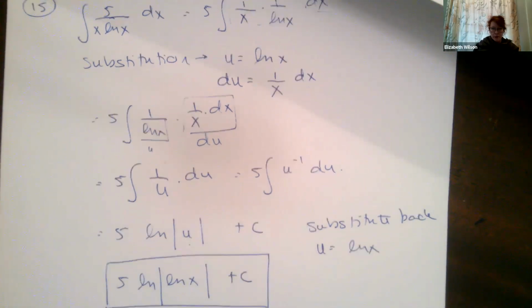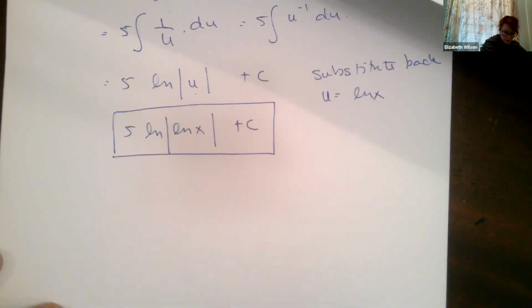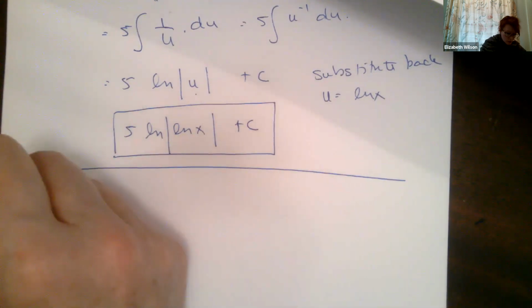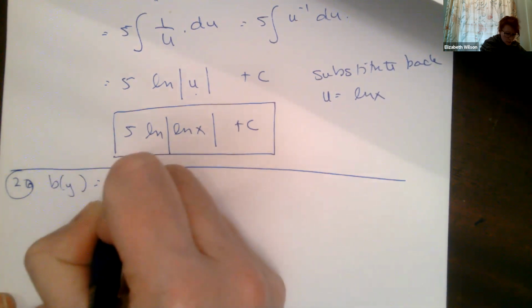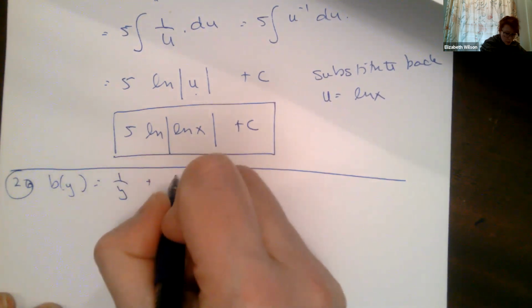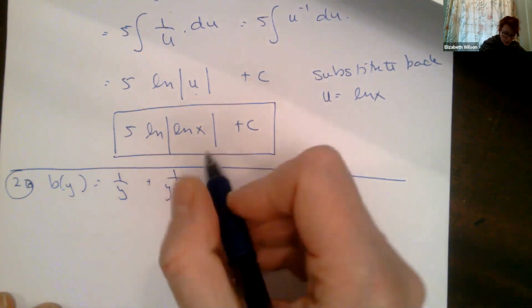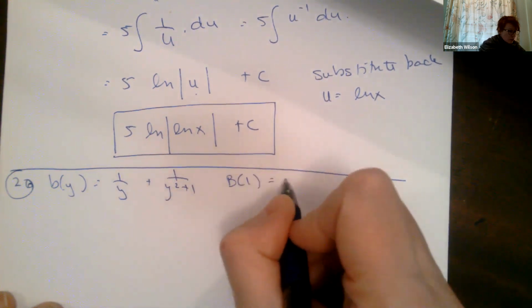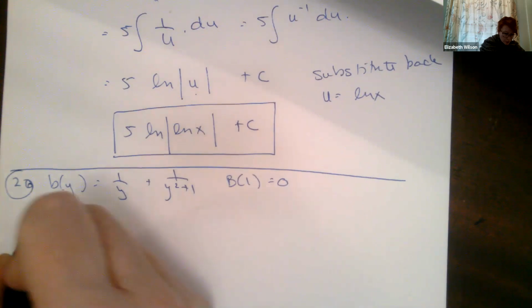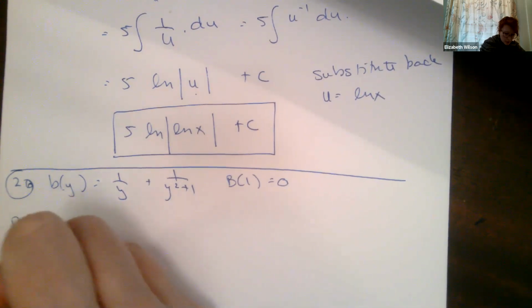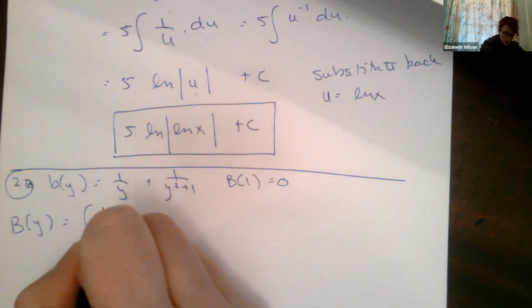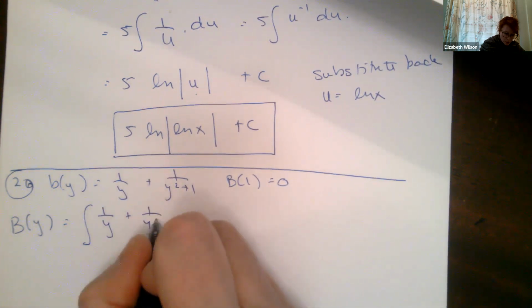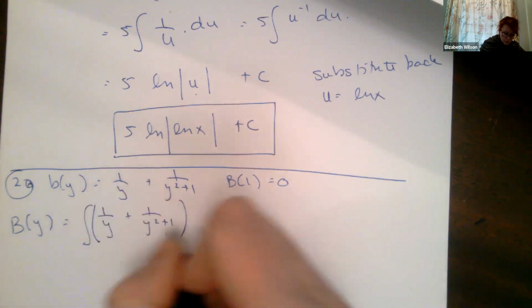I'm going to scroll up here. Okay, so 26. 26 says B of y equals 1 over y plus 1 over y squared plus 1. B of 1 equals 0. So we're looking for capital B of y, which is going to be the integral of this whole thing, 1 over y plus 1 over y squared plus 1, dy.